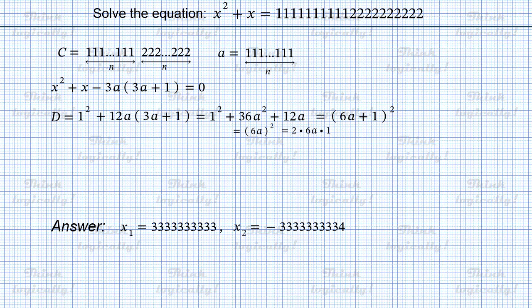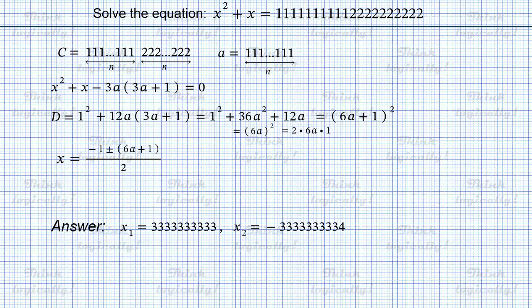Just trust me that x is the fraction whose numerator is -1 plus minus the bracket 6a plus 1, while the denominator is just 2. Of course, we don't need to specify absolute value for 6a plus 1, since it is obviously positive.